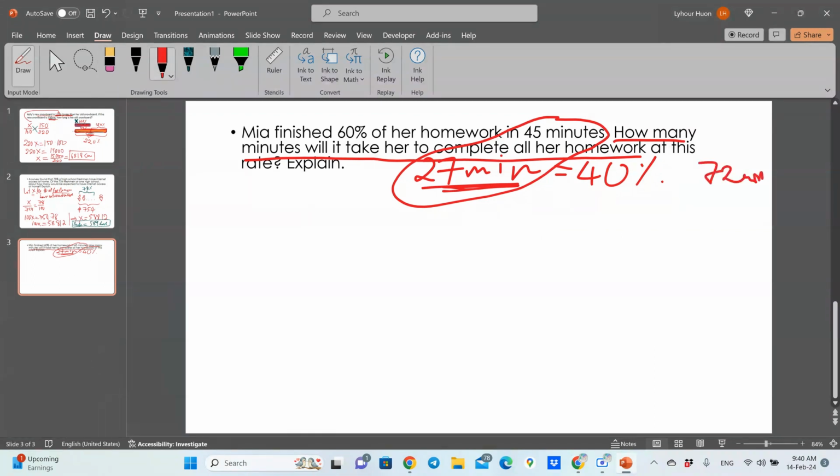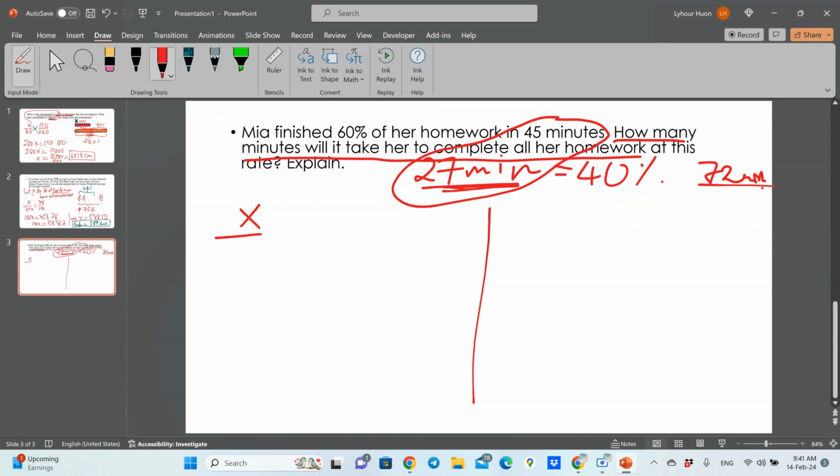Okay, so let's put it here. How do you write the proportion? X over 45. Why is it x over 45?